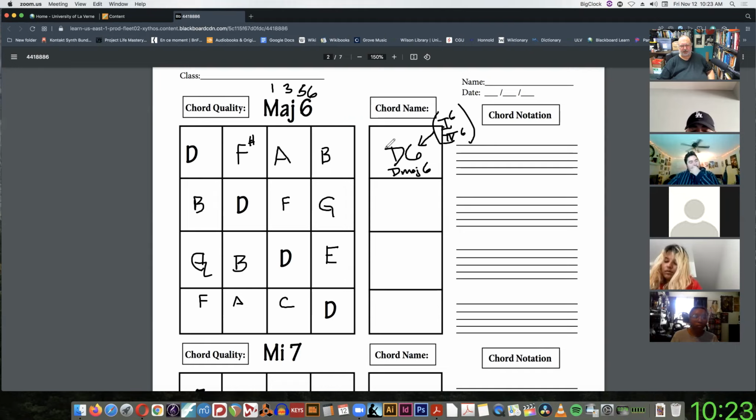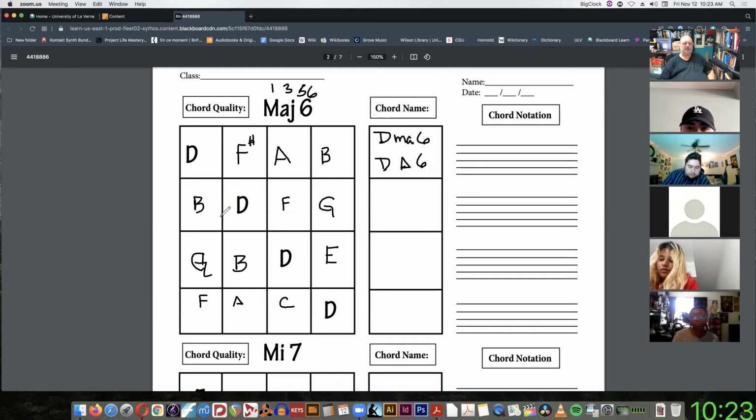So this notation, we want to scrap that in favor of this one here. And I've seen that one, triangle 6.